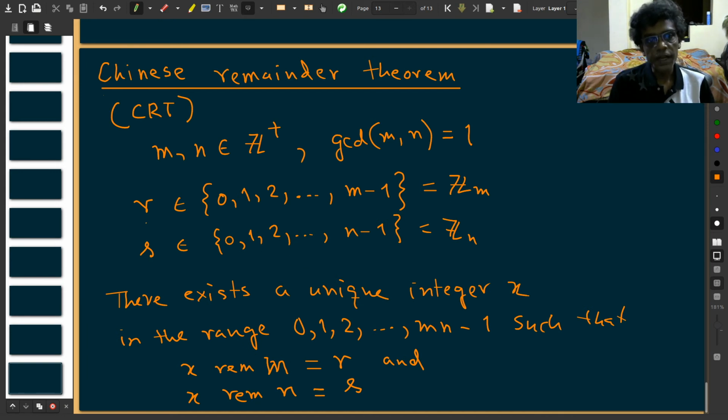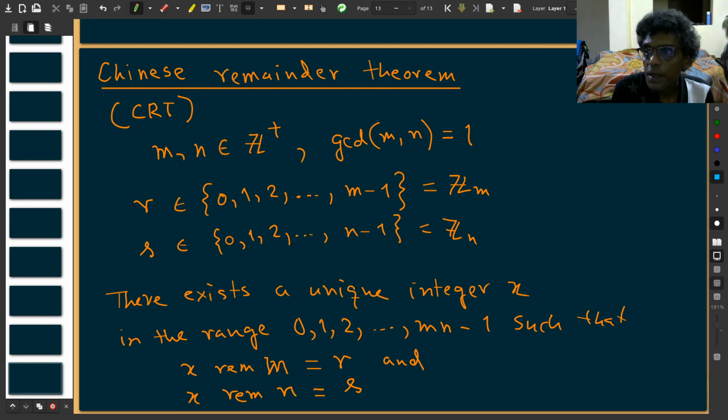So given any r and any s, you can club them together to some number x no bigger than mn minus 1, such that when I divide x by m, I get this remainder r, and when I divide x by n, I get this remainder s. So this is one form of the so-called Chinese remainder theorem.